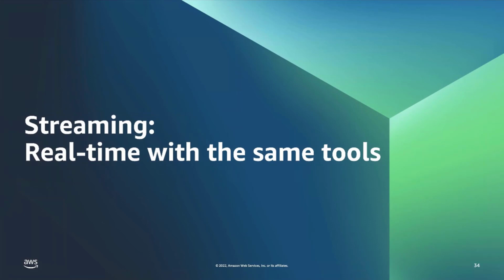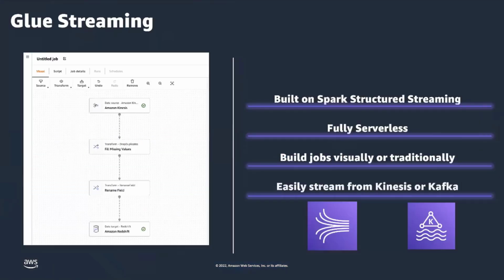The next mode we talked about is streaming. Glue streaming is built on Spark structured streaming. It is fully serverless, and you can build jobs visually, interactively with interactive sessions, or in a more traditional manner like you have always done with an IDE in Spark. You can easily connect from Kinesis or Kafka directly in the visual editor.